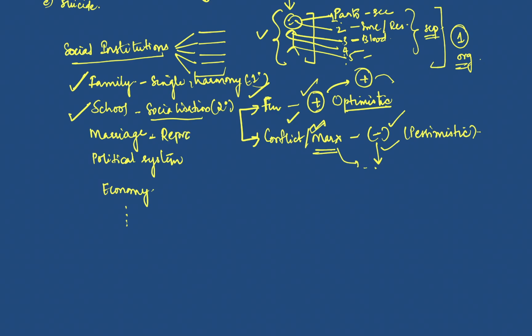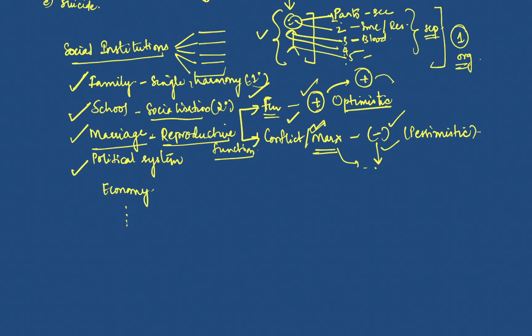Marriage, what does marriage do? It does this very important reproductive function, right? Reproductive function, procreation, even for the human race to move forward, marriage was considered to be necessary. I won't say it is very important right now, but the early sociologists, especially the functionalists, labeled marriage to be the most important giver of this reproductive or procreative function.